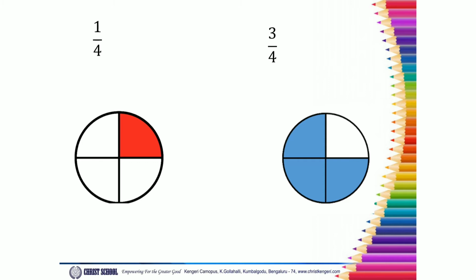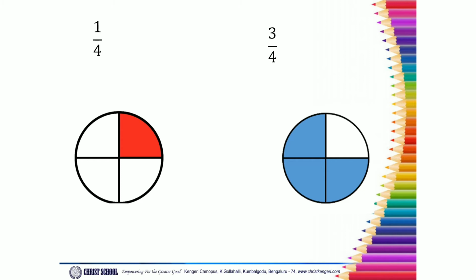Before comparing these two fractions, we need to know what type of fraction this is. When the denominators of two fractions are the same, they are called like fractions. Here in both the fractions, the denominator is same, 4 and 4.